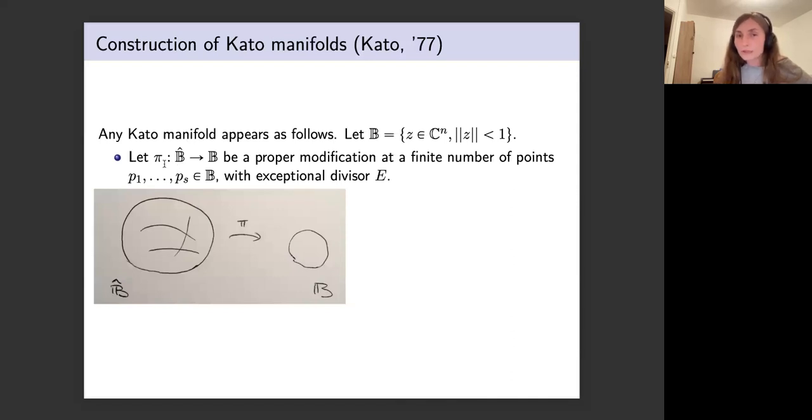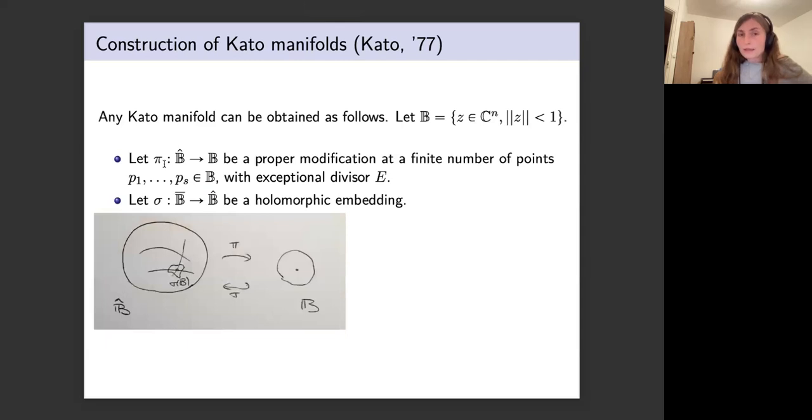So you start from something like this, and then you also pick, so to say, a chart in this modified ball. So this means you are picking an embedding σ of your small ball to this modified one, but so that the boundary is also inside, in the interior of the modified ball.